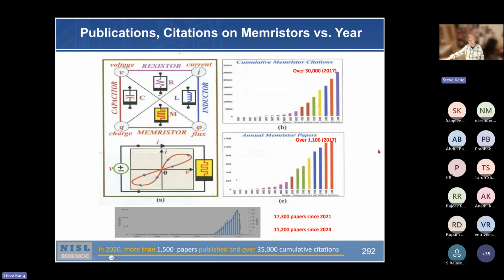Earlier I mentioned that since 2024, which is less than 2 years now, there are more than 11,000 papers. So the number keeps on increasing. There are a lot of people, chemists, physicists, biologists, working on neural networks.